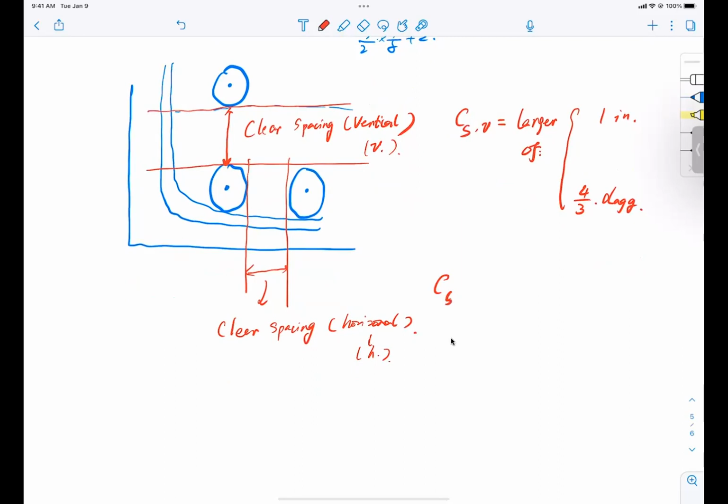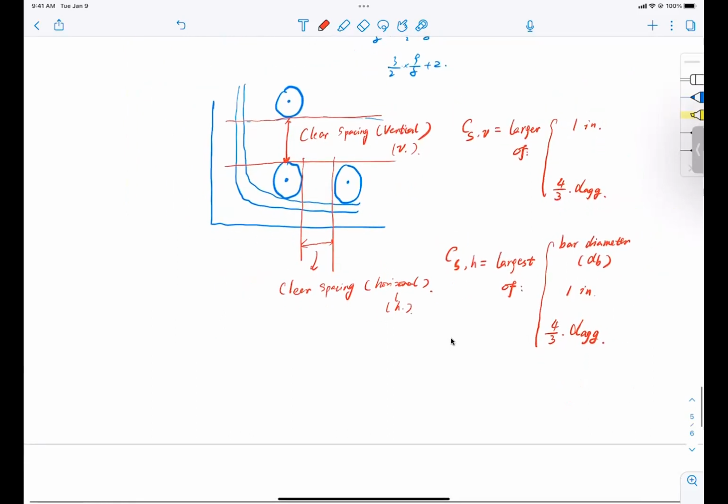Clear spacing horizontal is a different equation, the largest of the bar diameter being placed, in this case, you have many different bar sizes, pick the biggest one, I call it dB, and then 1 inch, and then 4/3 aggregate size. These are the two equations from ACI telling you the requirement of the clear spacing, which I did not tell you last time.